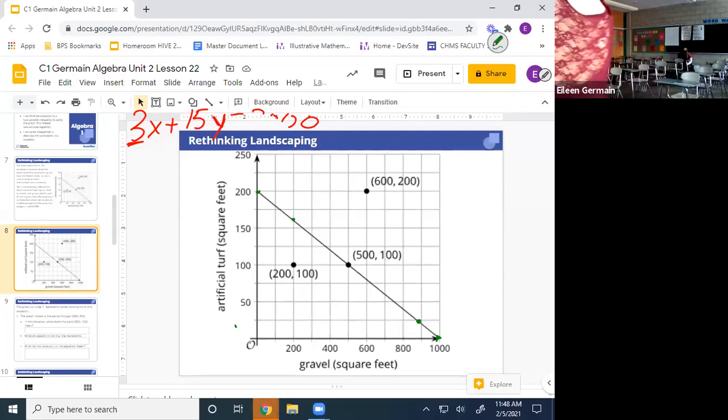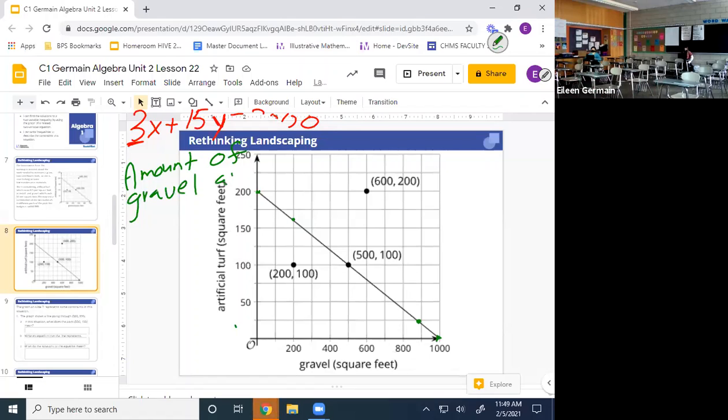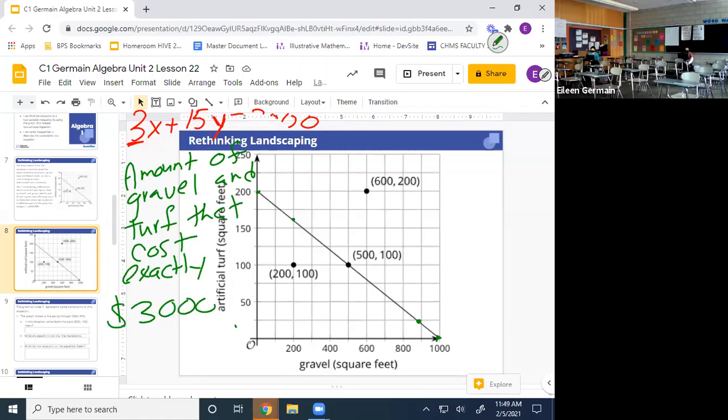Max: An amount of gravel and artificial turf that costs exactly $3,000. Very good. The amount of gravel and turf that cost exactly $3,000. And I'm going to underline and bold this word, exactly.